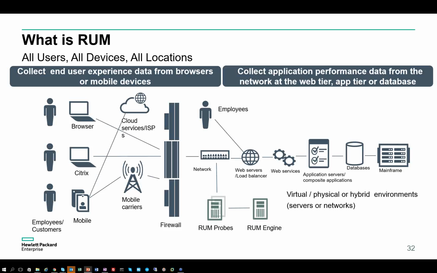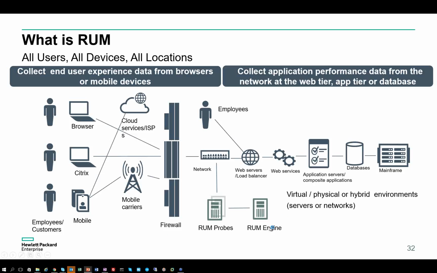The RUM probe can actually see all the users that are coming in, because they see all the requests and all the responses coming from the servers. As they copy the requests coming from the network and the responses coming from the servers, the RUM probe and the RUM engine can generate a good picture of that user session.